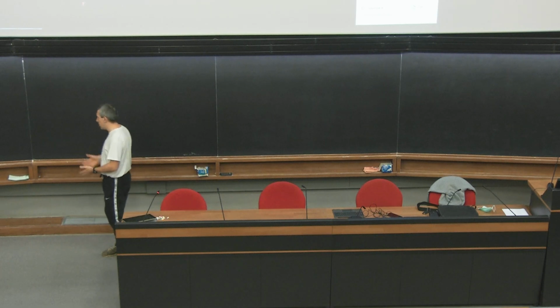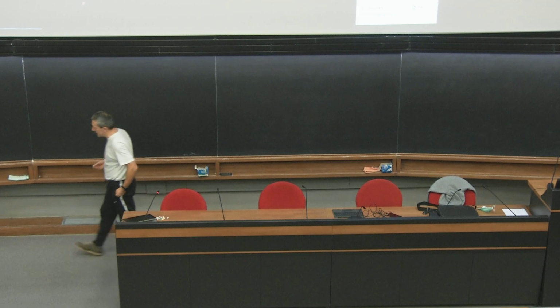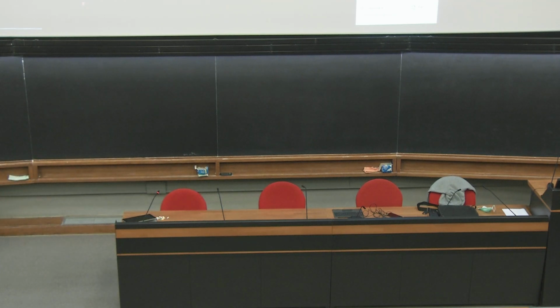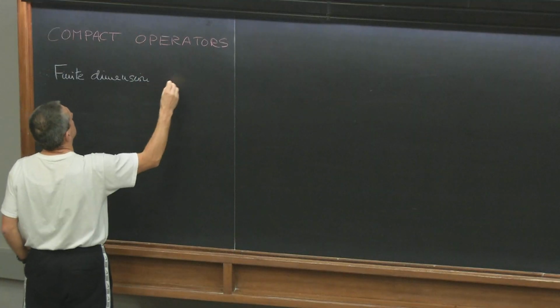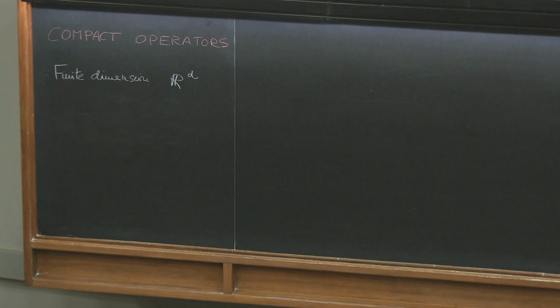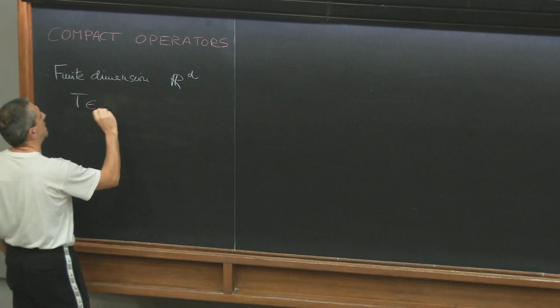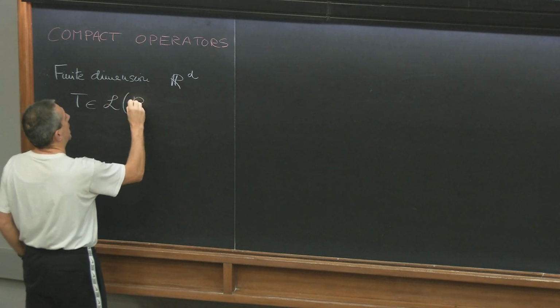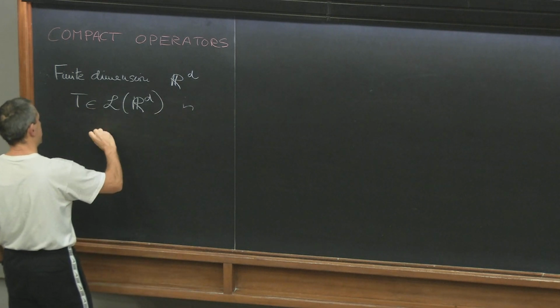So these properties are, for example, basically what we are interested in is the finite dimensional case. So we are in R^d, then a linear operator is a matrix. So an operator which is linear in R^d is a matrix.